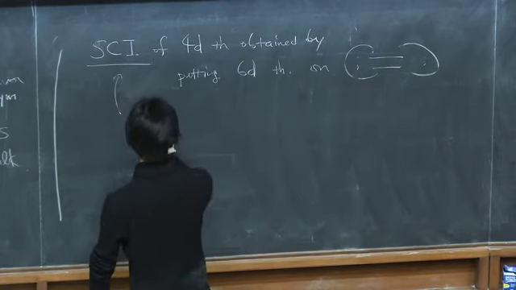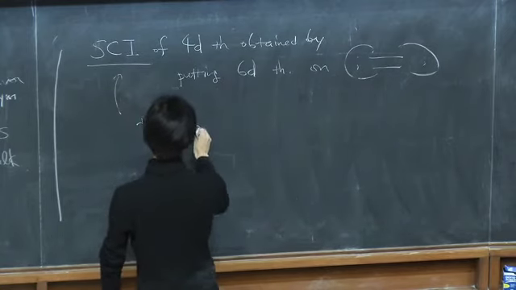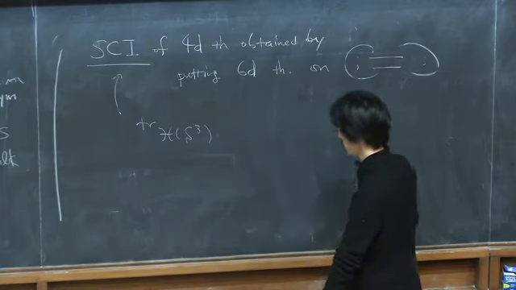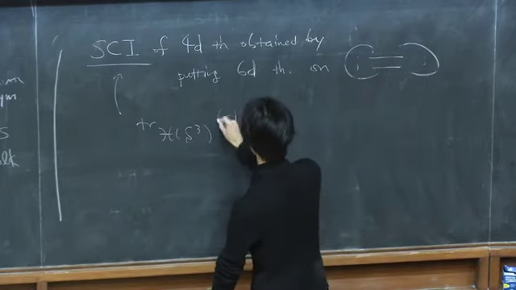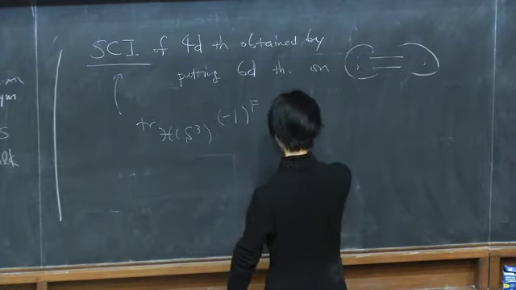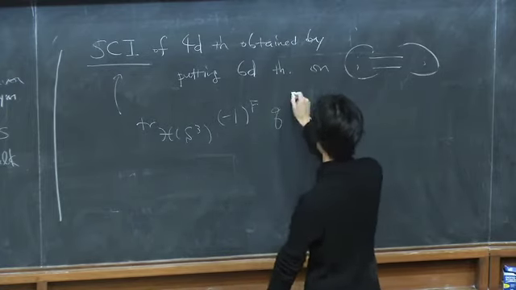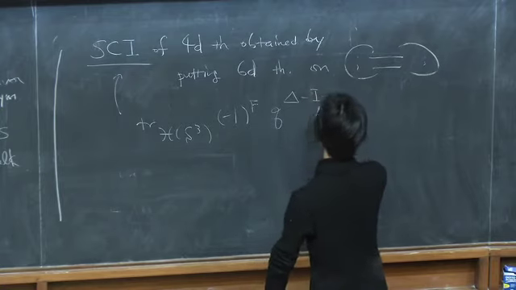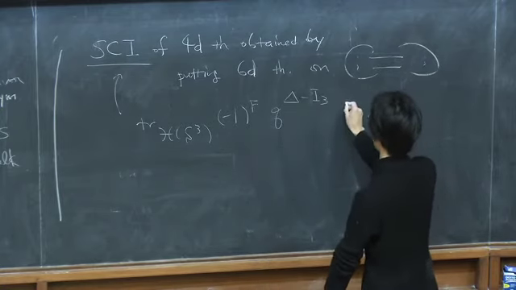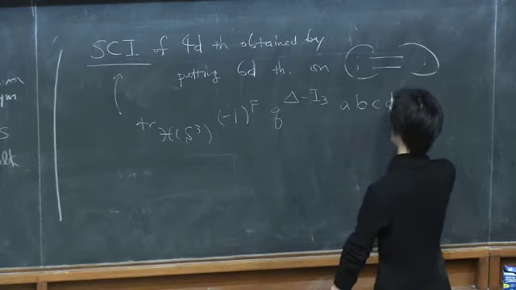SCI is the trace over the S3 Hilbert space of minus 1 to the F times, well, in the particular choice of the variable, something like this, and various flavor fugacities.